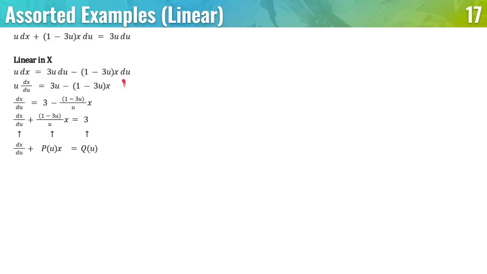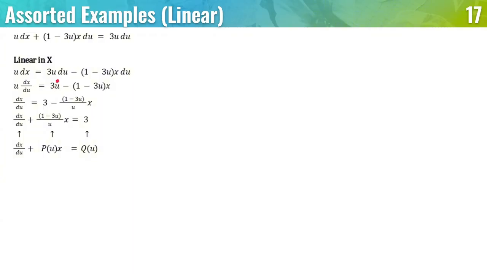If you noticed, I didn't remove the x here since the formula says that we need linear in x plus a function of u times x equals a function of u. From the given, I can see that the x is already multiplied, so I tried linear in x first. Now with dx over du, there's still a u attached to it, so divide everything by u.